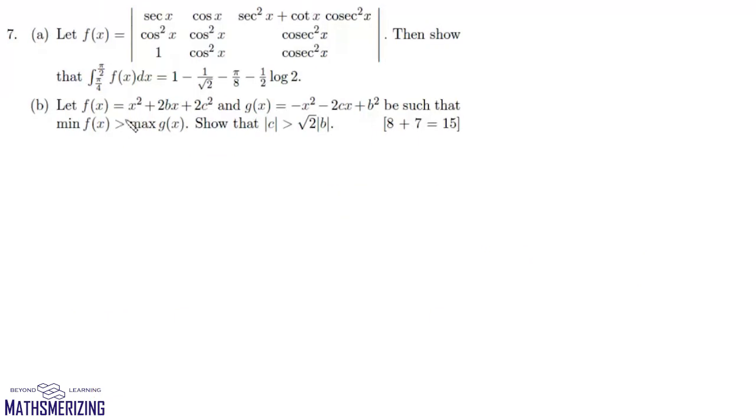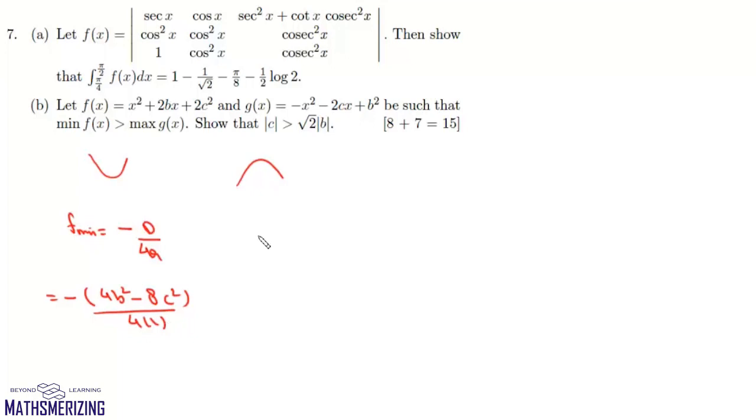Now the second part is, we are given this function f(x) opening upwards and g(x), which is a parabola opening downwards. And we need to find the minimum of f(x). Now the minimum of f(x) will be given by minus D upon 4a. So it will be minus, and what's D? D in this case is 4b square minus 8c square upon 4 into 1.